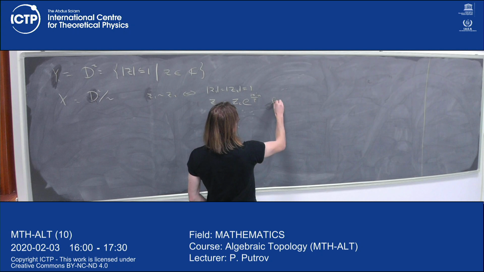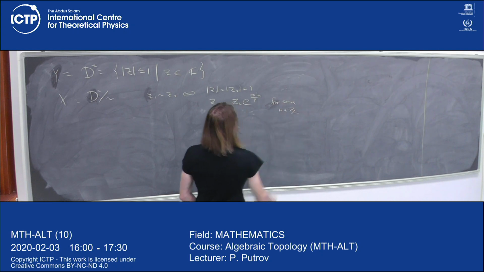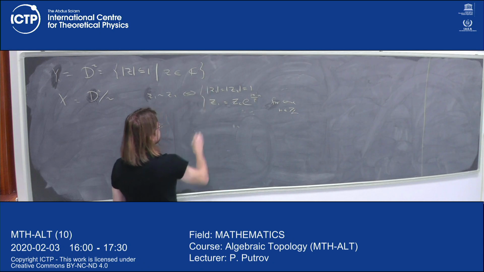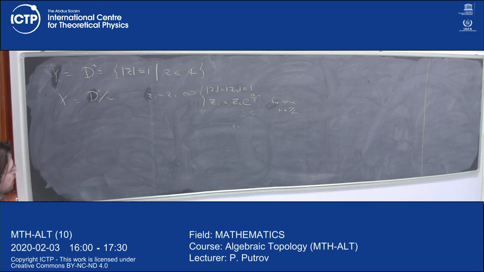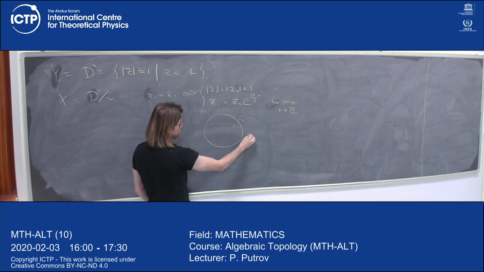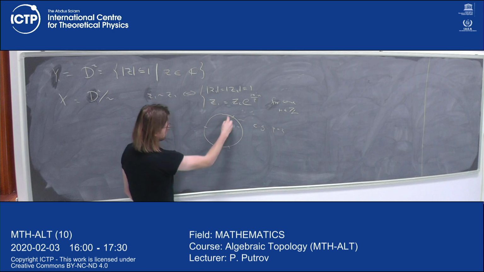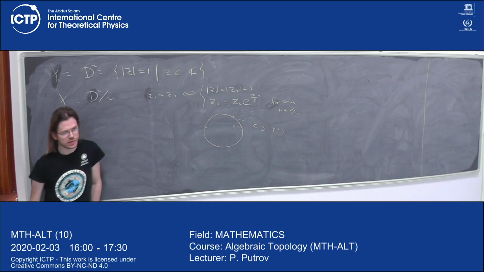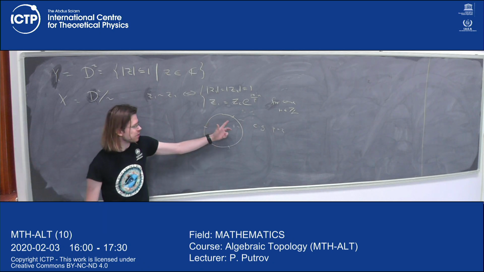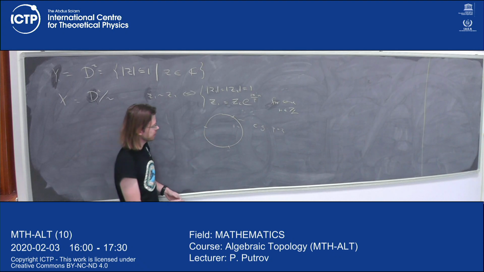This is a generalization of the disk, and then you do a quotient so that, say, for example, p equals 3, these triples of points, which are obtained by rotation by 2 pi divided by 3, are all identified.